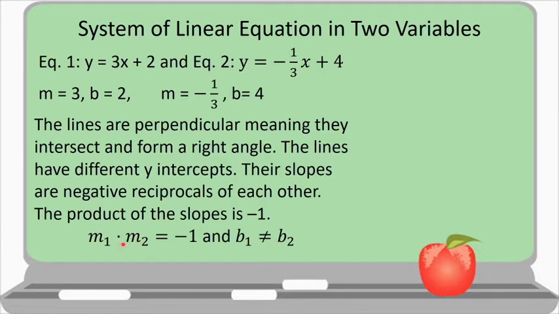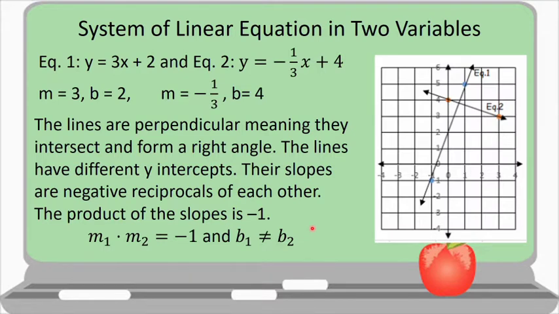So if m sub 1 times m sub 2 is equal to negative 1 and b sub 1 is not equal to b sub 2, the graph of the equations is perpendicular, meaning the angle formed by intersecting these two lines is a right angle. The graph of y equals negative 1/3 x plus 4 is this line and the graph of y equals 3x plus 2 is this line.